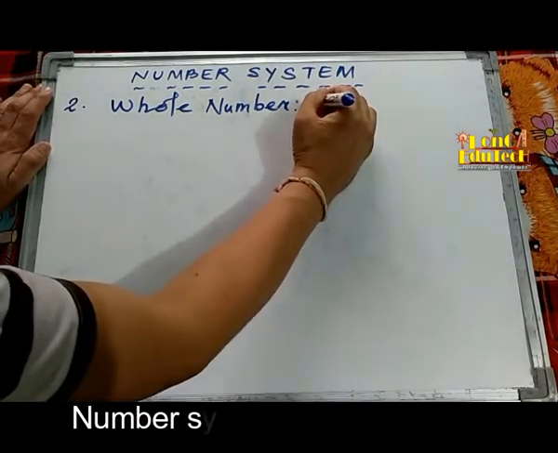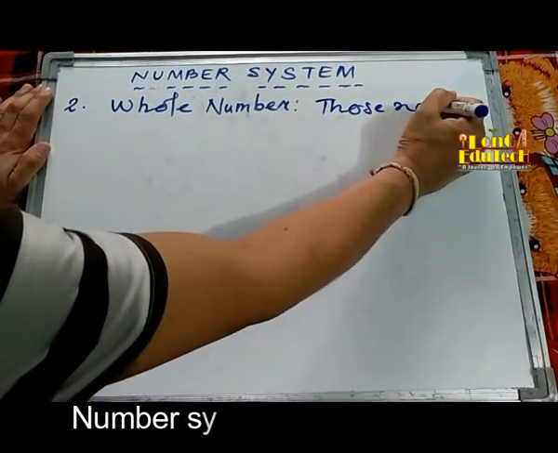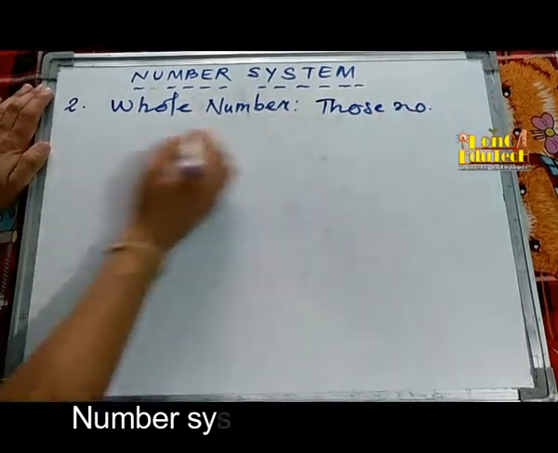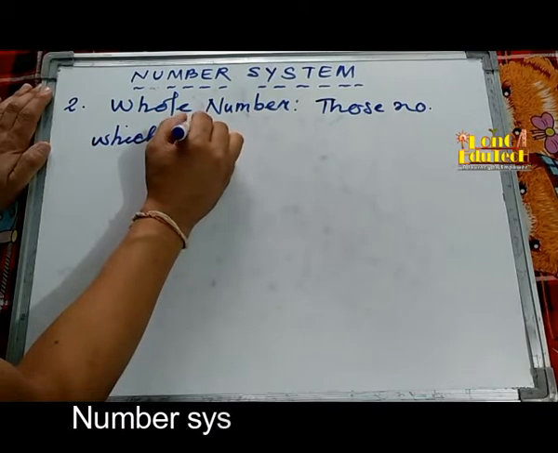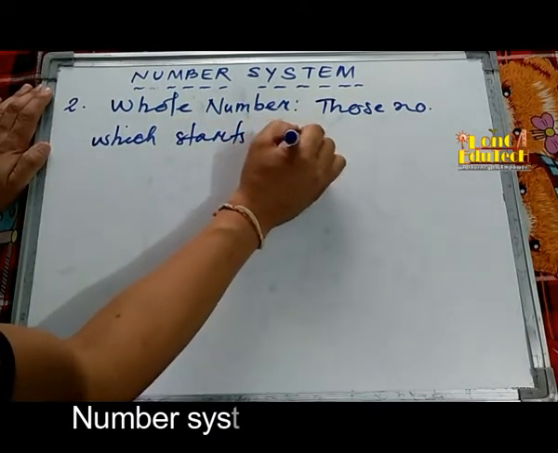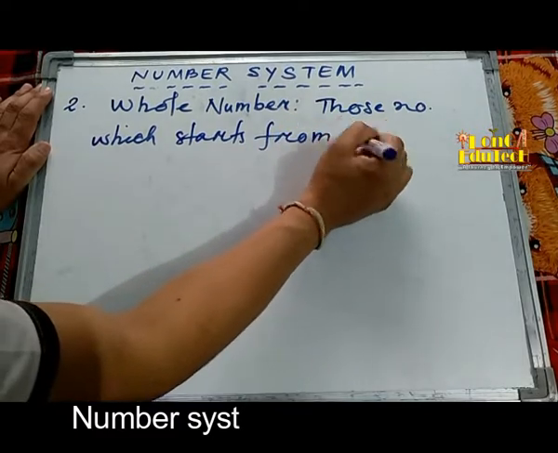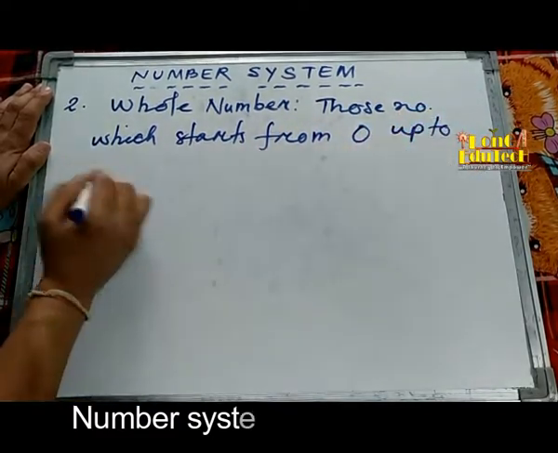So whole numbers are those numbers which start from 0 up to infinity.